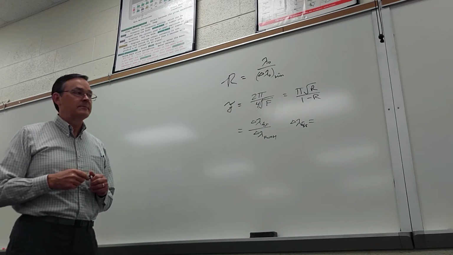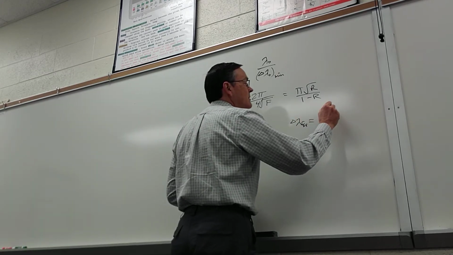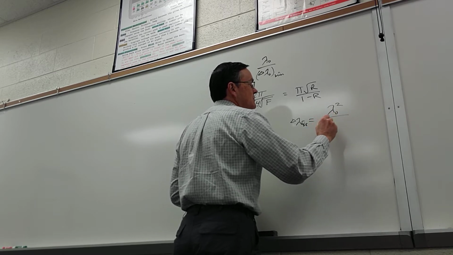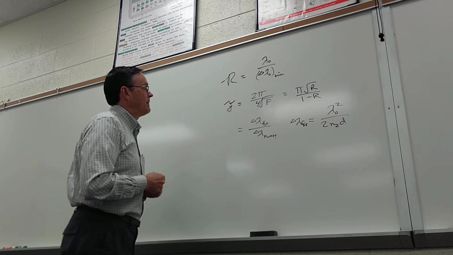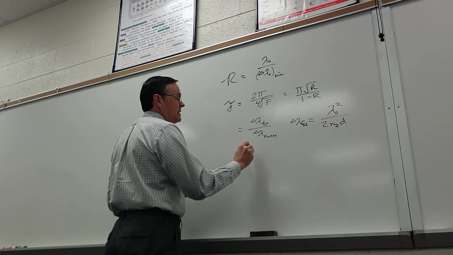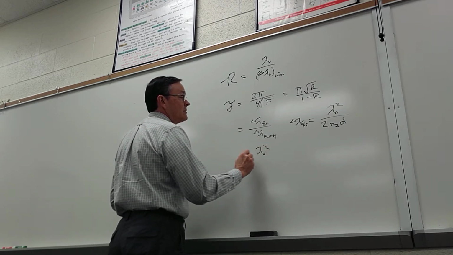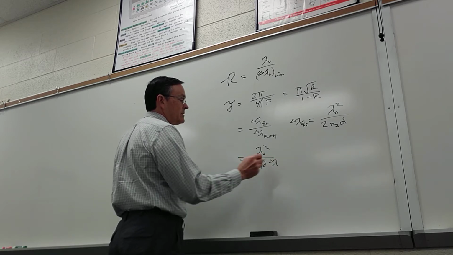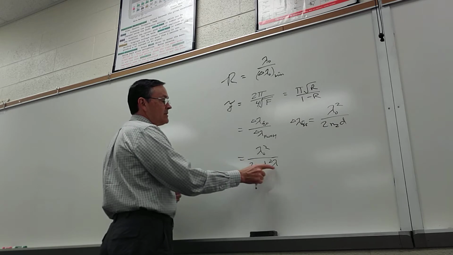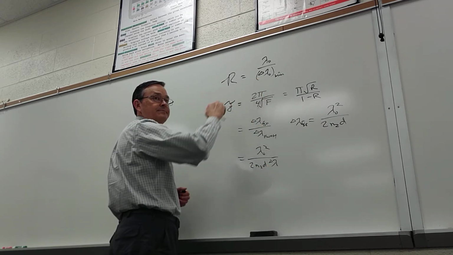Is lambda naught squared over 2n2d. Lambda naught squared over 2n2d. Okay, so we could write this as lambda naught squared over 2n2d delta lambda. And this delta lambda is that delta lambda, right?